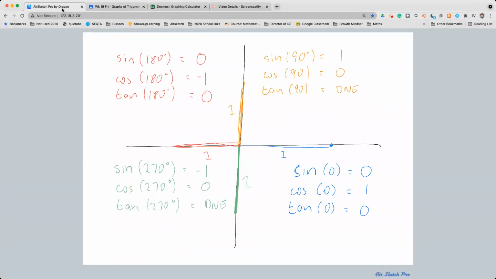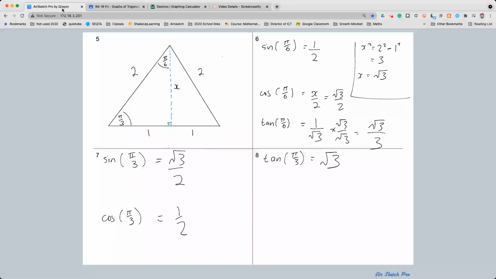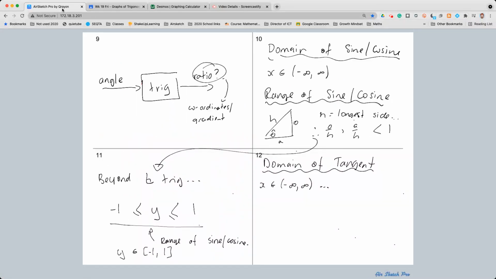Okay, so that means that the domain of tangent is between -infinity and infinity, but x does not equal pi on 2, 3 pi on 2, 5 pi on 2. Can you see how the top number is just an odd number? 1, 3, 5.